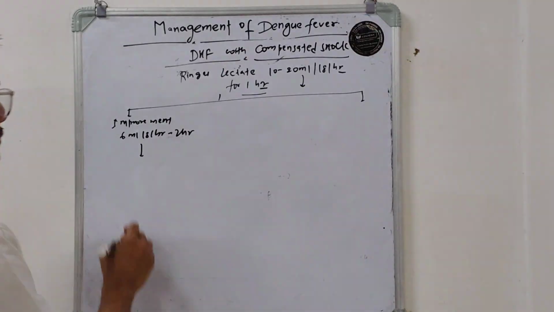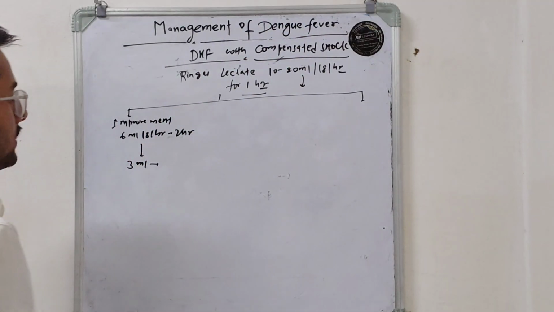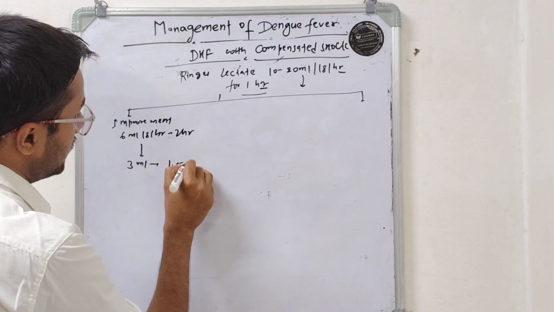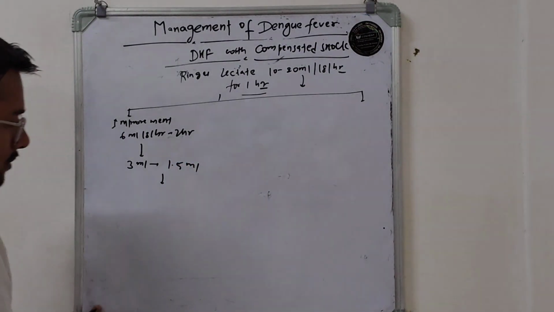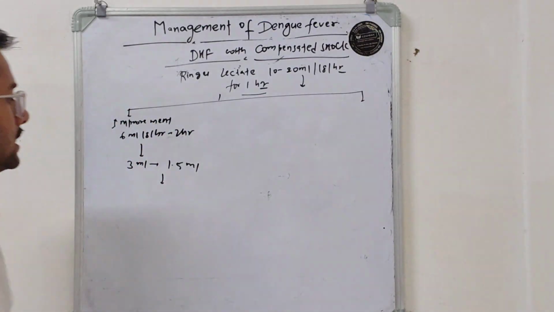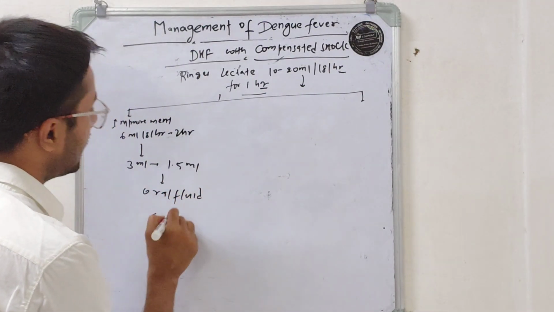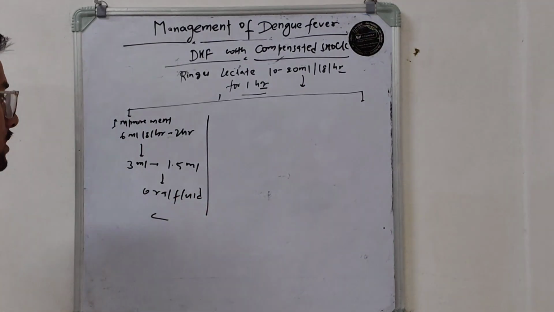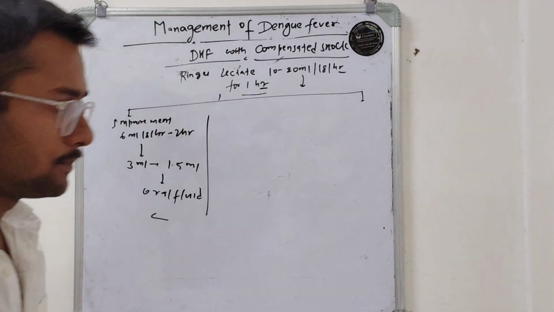If improvement is showing, then we reduce this to 3 ml, and after that to 5 ml. And if the patient is able to drink or take food, then we shift to oral fluids. So these are the procedures we follow if a patient shows improvement.